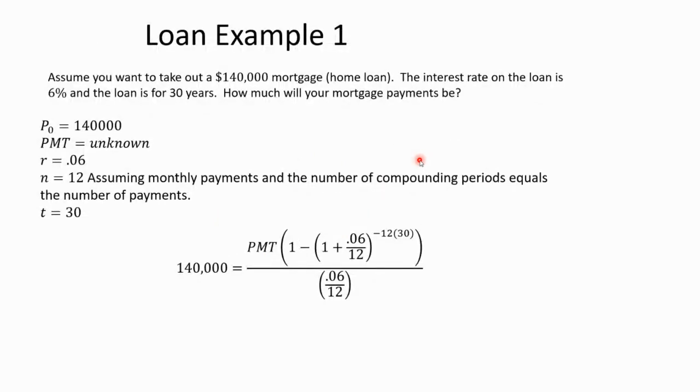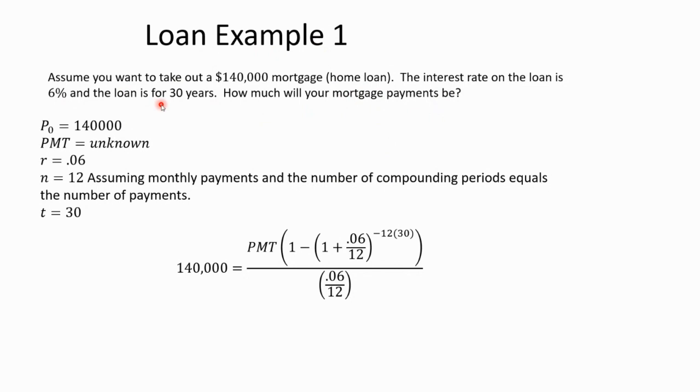All right, so let's do an example. Let's suppose you have a mortgage and you take out a $140,000 mortgage, which again is really a home loan. You buy a house, you put money up front, that kind of thing. And then you pay off the mortgage to the bank gradually, like a loan. In fact, it is a loan. Let's say the interest rate on the loan was 6%.